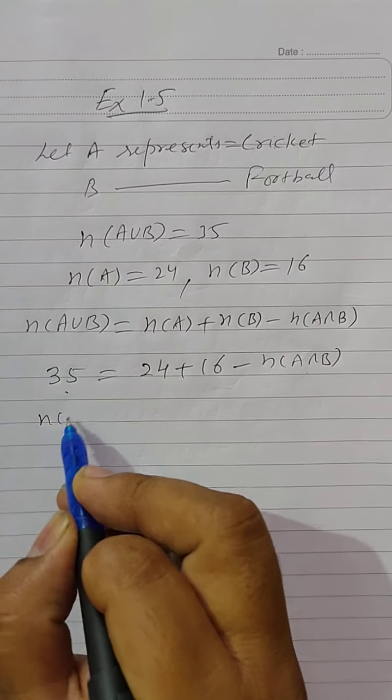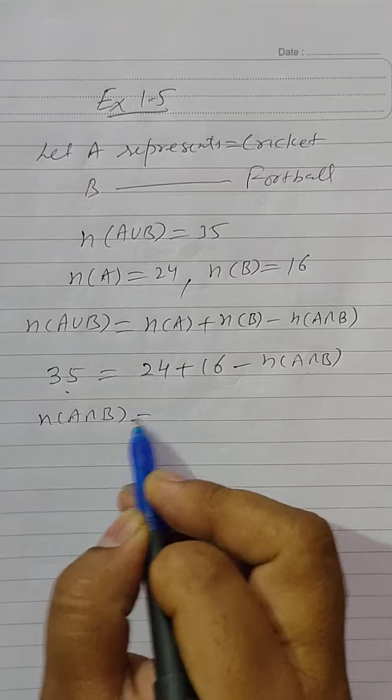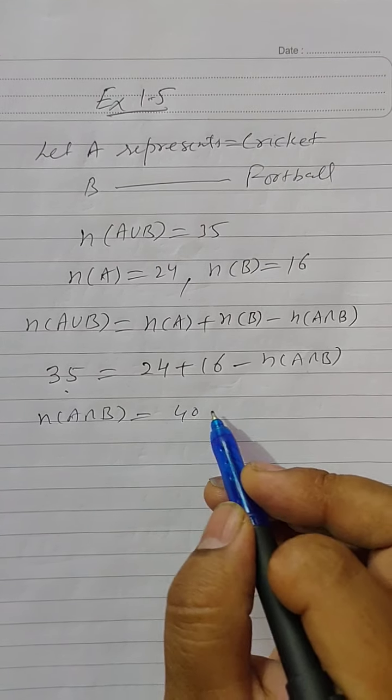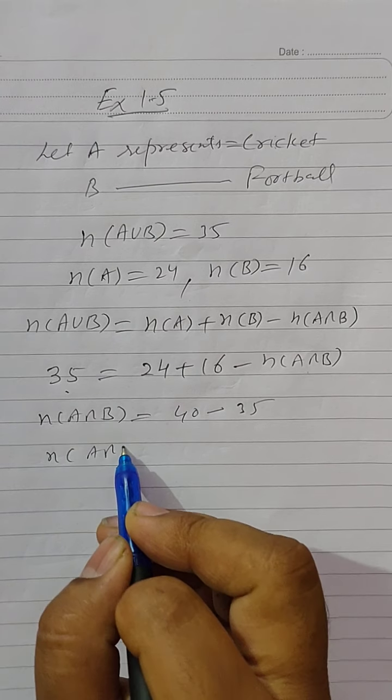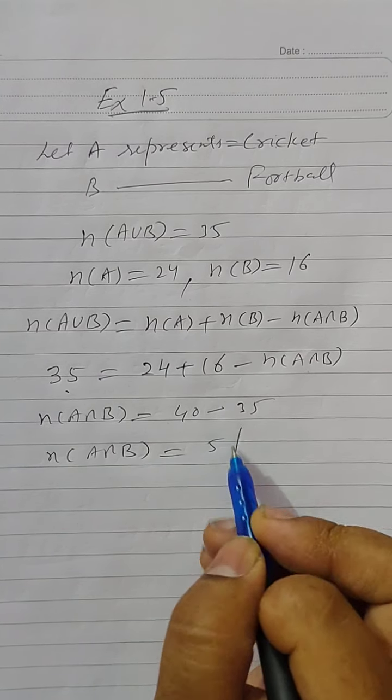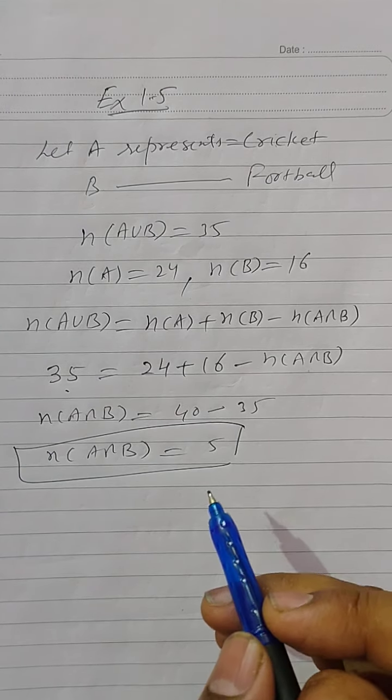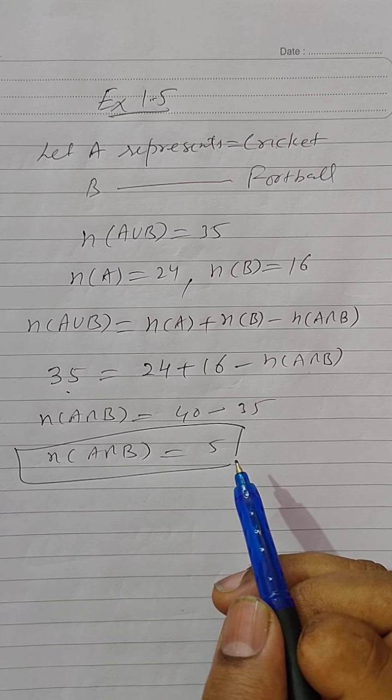Negative becomes positive here. Add these two, 40 minus 35. So n of A intersection B is 5. Means there are 5 students who play both the games.